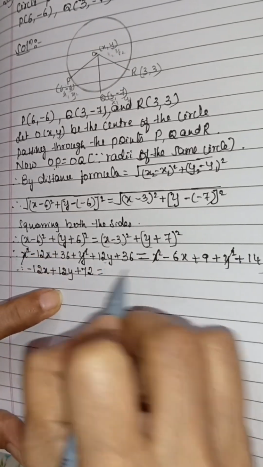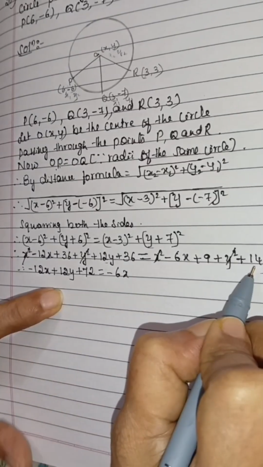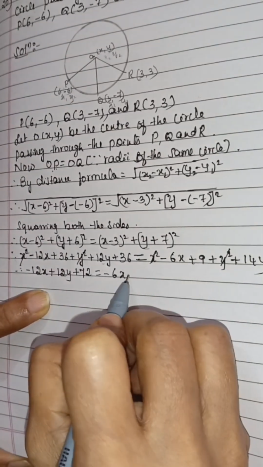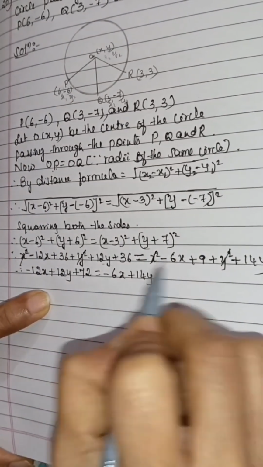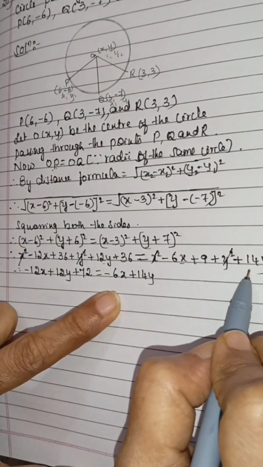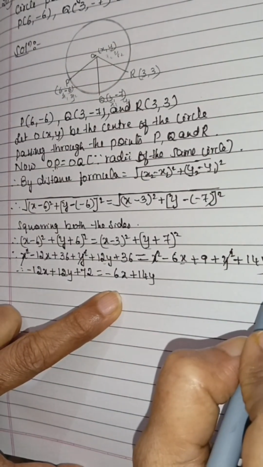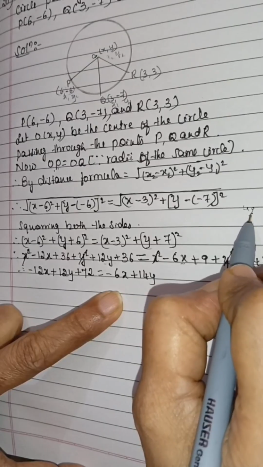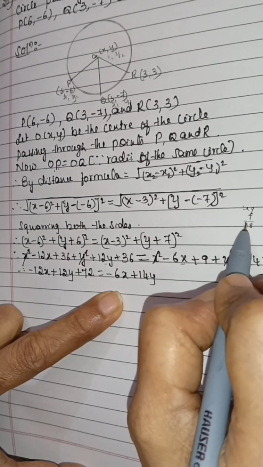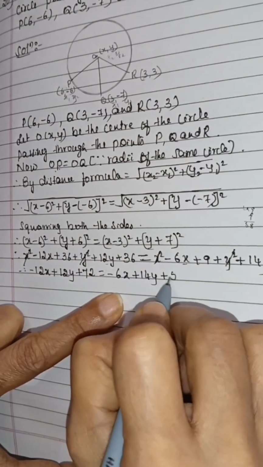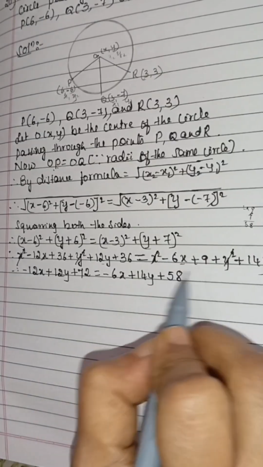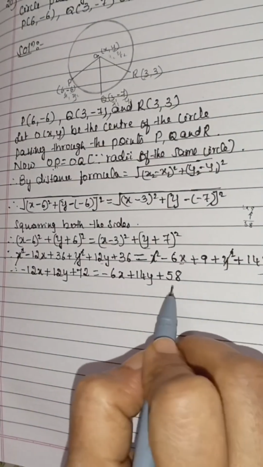Equal, then minus 6x, then plus 14y, see this 6x plus 14y, then 49 plus 9, 58.